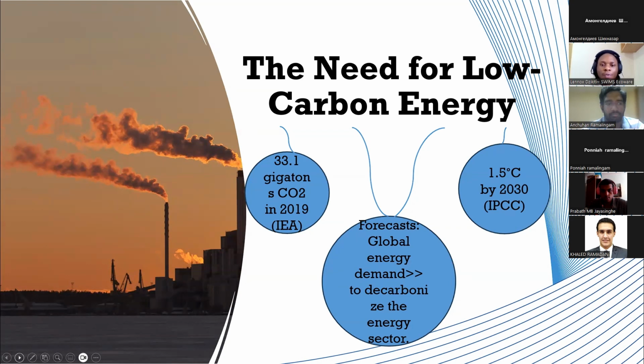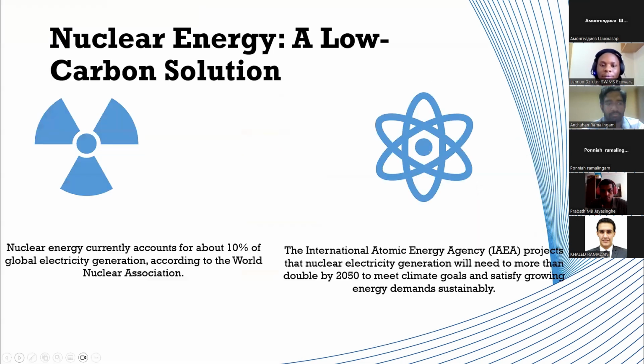So, next slide, please. Amidst these challenges, nuclear energy emerges as a promising low carbon solution. Nuclear power plants generate electricity without emitting greenhouse gases during operation, making them a vital component of the transition to a sustainable energy future. Currently, nuclear energy accounts for about 10% of global electricity generation, according to the World Nuclear Association.